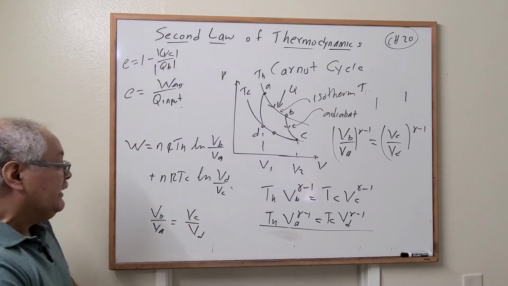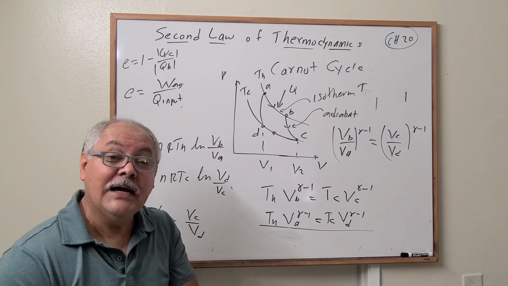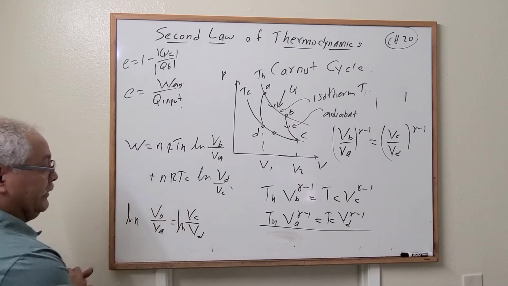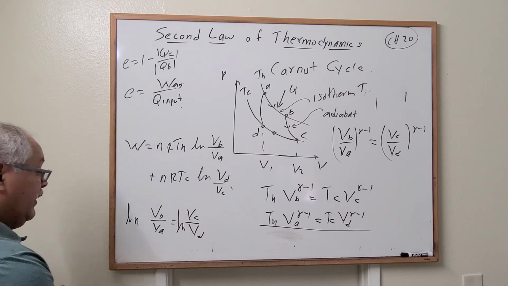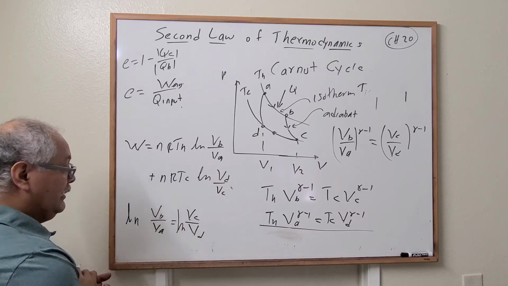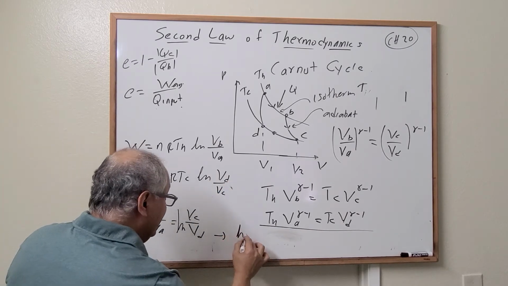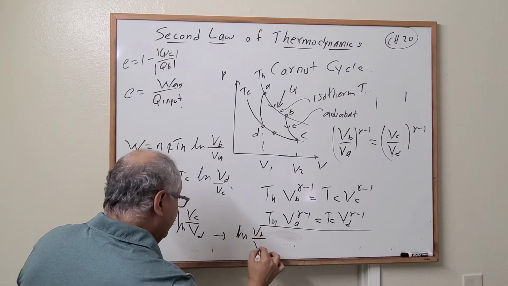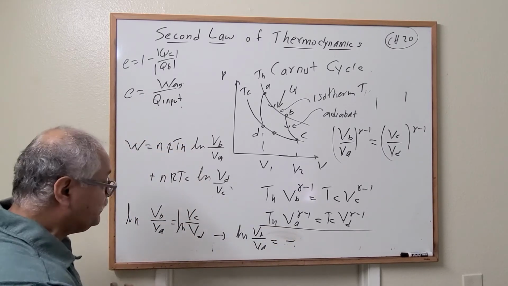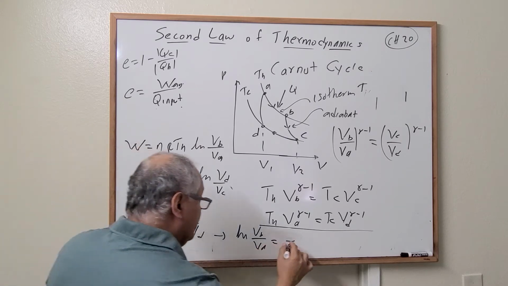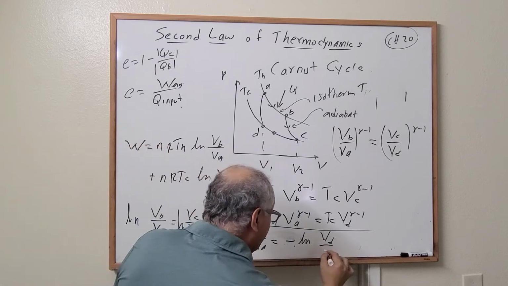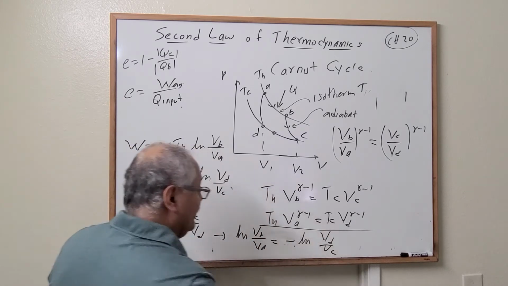Perfect. Now let's find the ln. Must be the same thing, ln right here. But I want to find something like this. From here we have that ln of VB over VA must be equal to negative, switching these two volumes, ln of Vd over Vc.